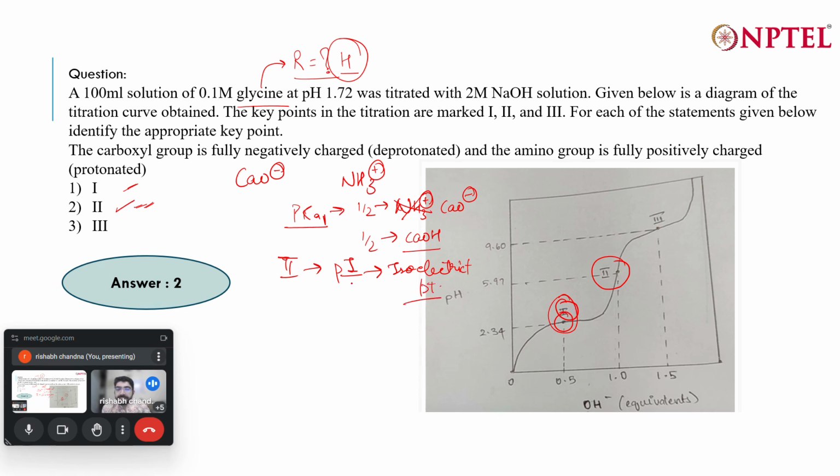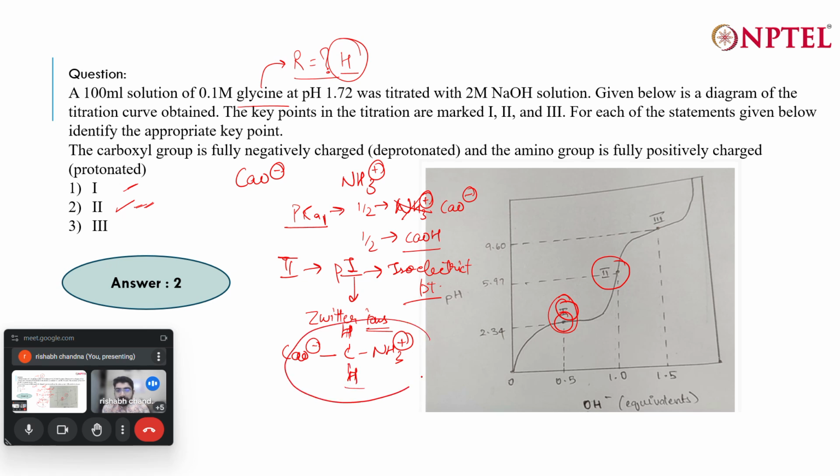In this case, the amino acid will be present in the form of its zwitterion. Zwitterion means that the net charge on the amino acid would be 0, because both charges are present on it, and it is glycine, so it will be H on both sides.